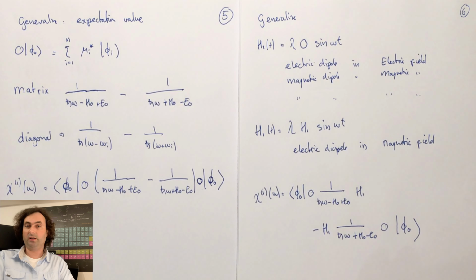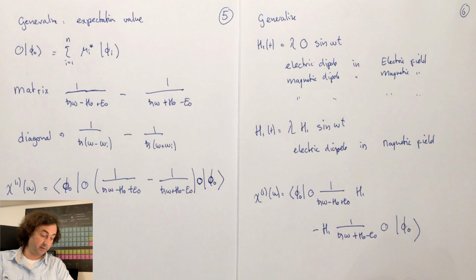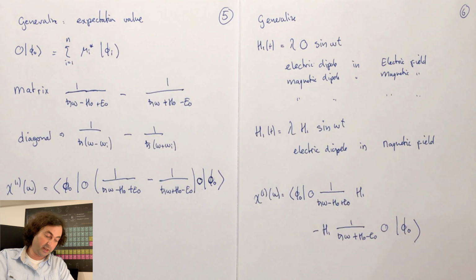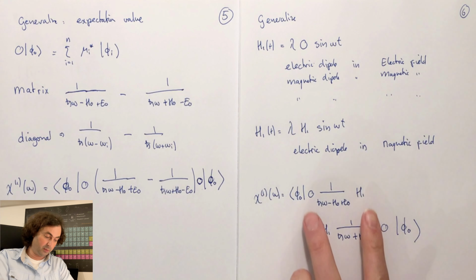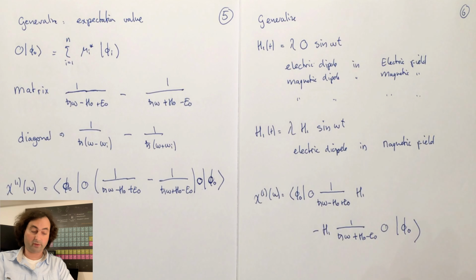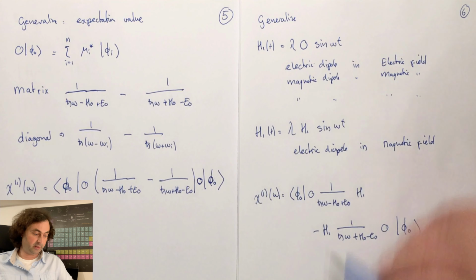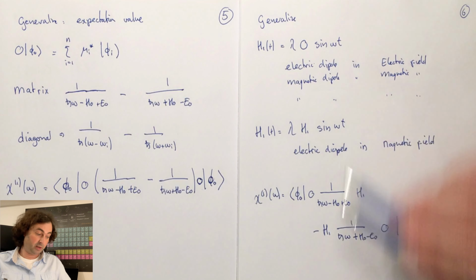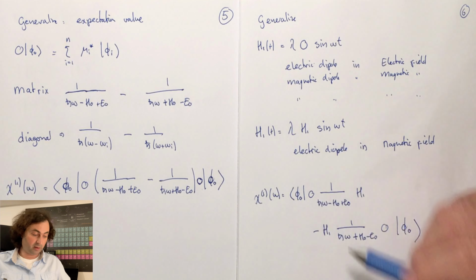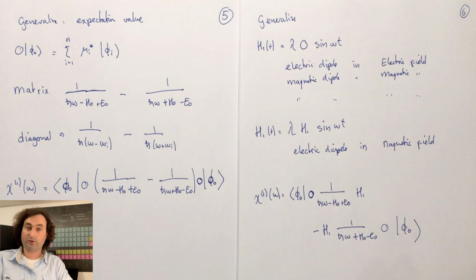And with that we come to a general expression for a general susceptibility for any state depending on two operators, one that is related to how you drive the system at a certain frequency and the other related to the observable that you measure, linear in the driving force.